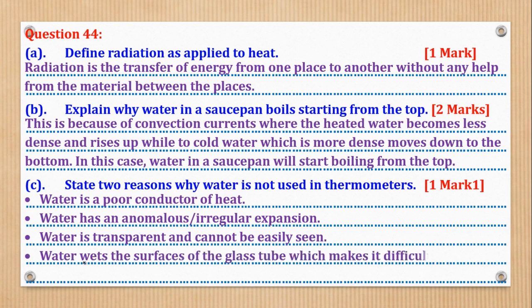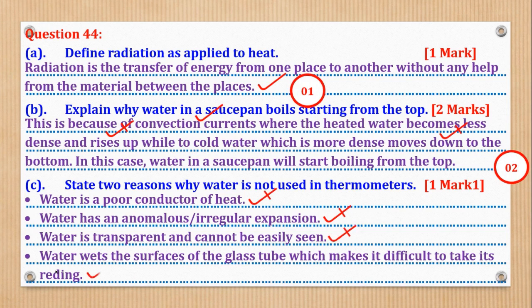Another one could be that water wets the surface of the glass tube, which makes it difficult to take its reading. So that's how marks will be awarded.